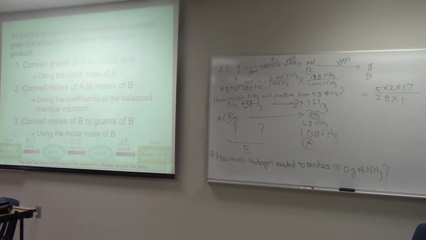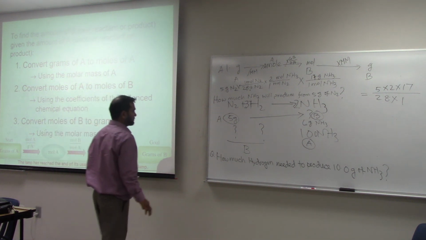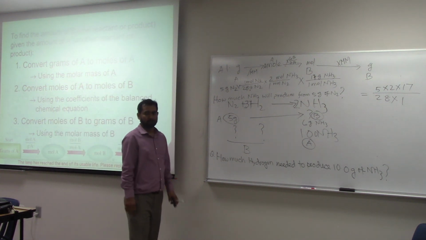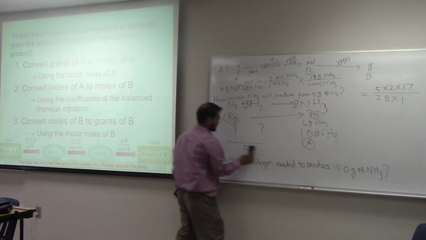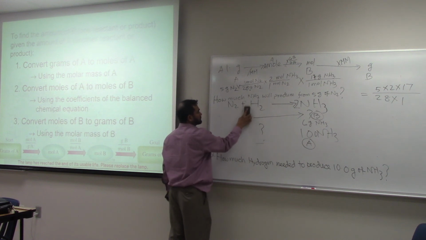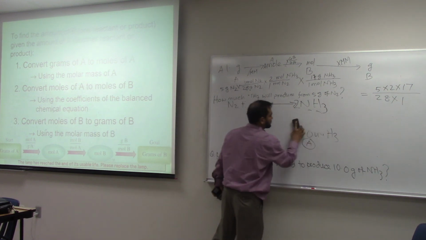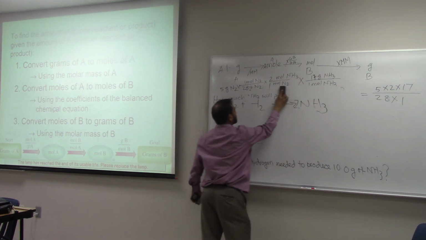So grams of what you want. This is the mole amount. This is what you want, 2 moles of this. So what's grams of what you want, to moles of what you want?